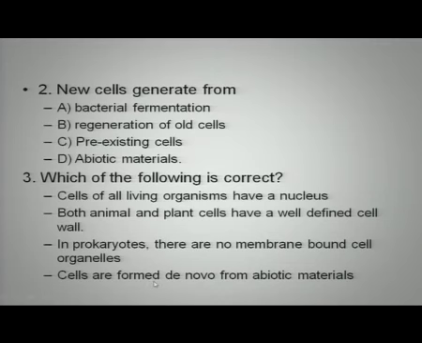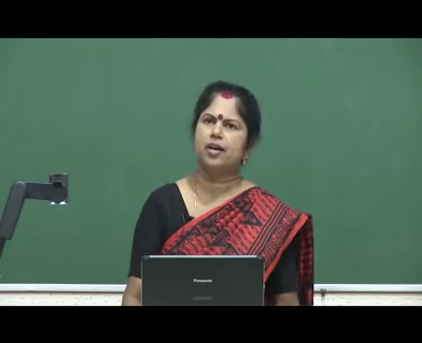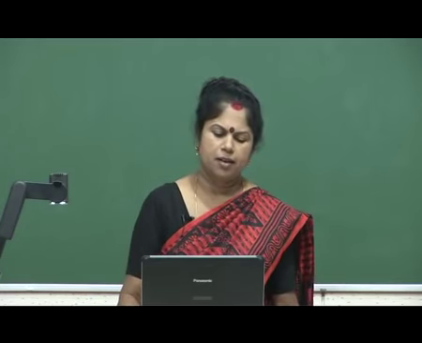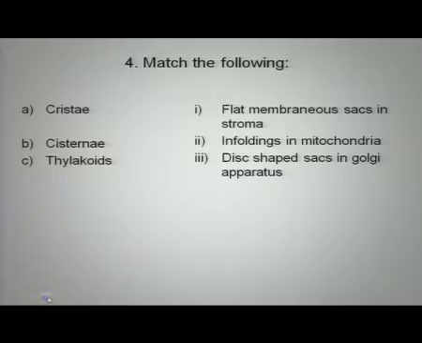Cells are formed de novo from abiotic materials. So, out of these 4 options, which of the following is correct? You have to think and respond.